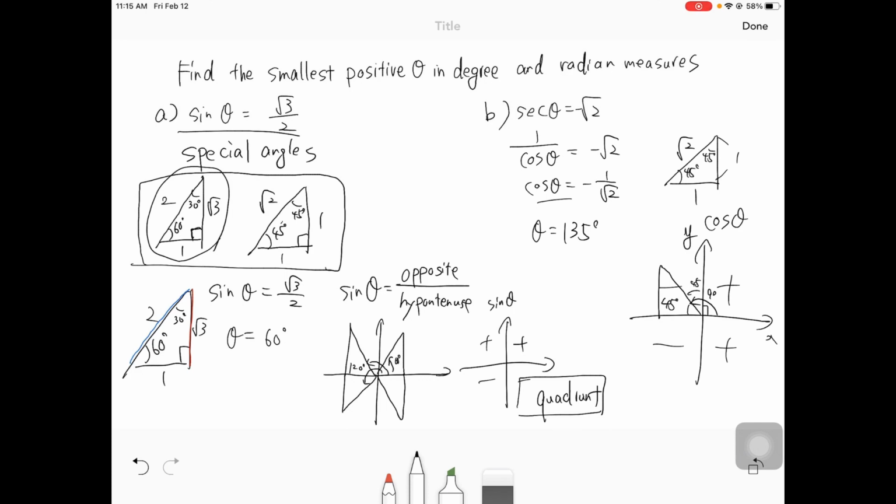That's it. So what you have to do is sketch a triangle from the equation here. Then after you find the triangle, you need to make sure the value is positive or negative, then you find the angles. That's it.